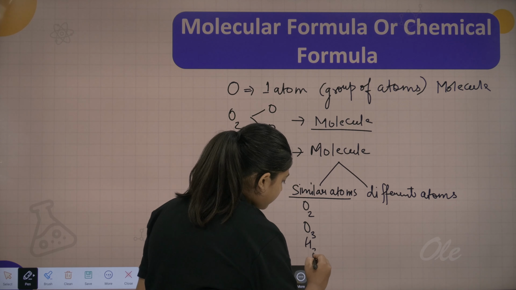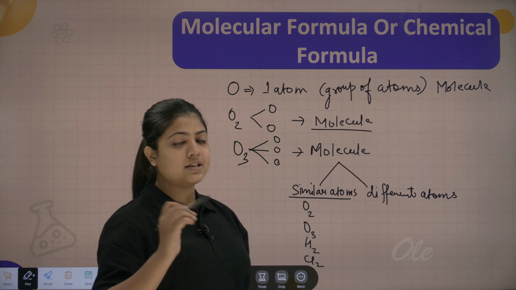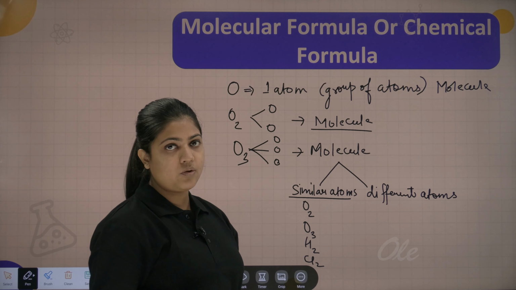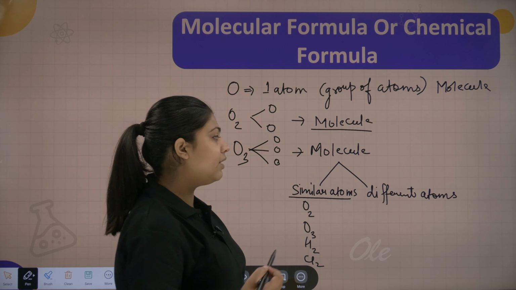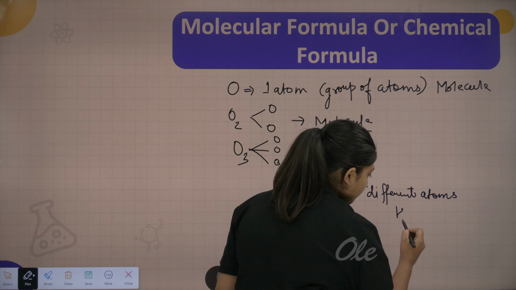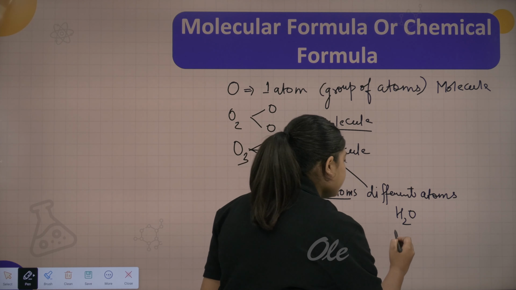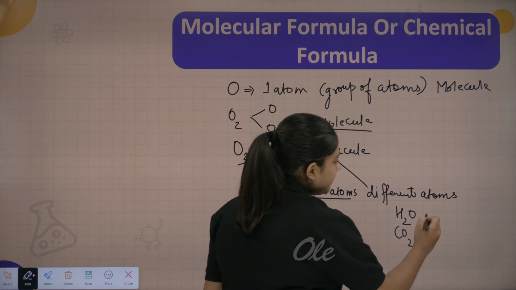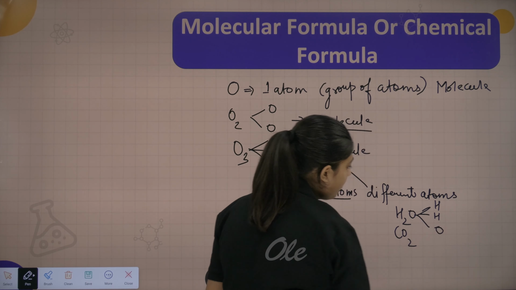For example, H2, Cl2. In H2 both the atoms are hydrogen, in Cl2 both the atoms are chlorine. But if I talk about molecules of different atoms, for example H2O, CO2. Here you can see that there are a total of 3 atoms, 2 of hydrogen and 1 of oxygen.